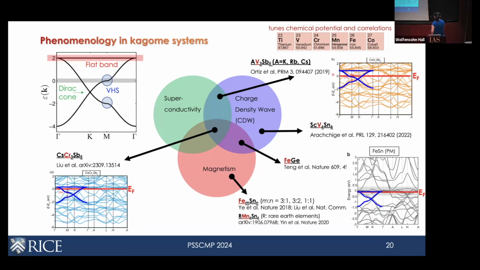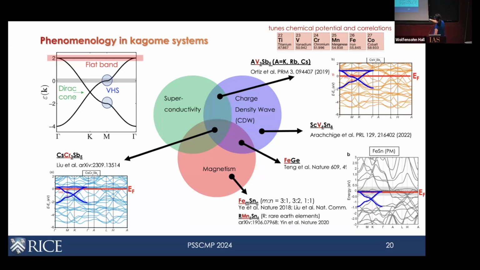I think you can already see that here in this corner are the iron and manganese-based Kagome lattices. This calculation, which is calculated from the non-ordered phase, has the flat band right at the Fermi level. And so coincidentally, these are also the systems with magnetic order.